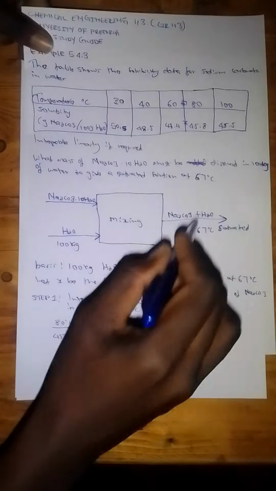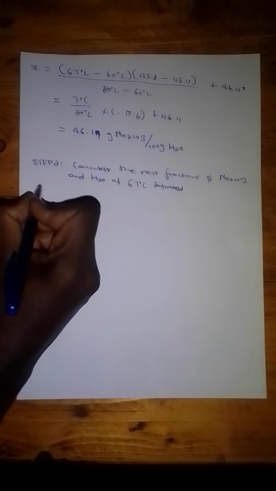So now our step 2 is we want to know how much of Na2CO3 and H2O are in there, and that's actually how we're going to move.